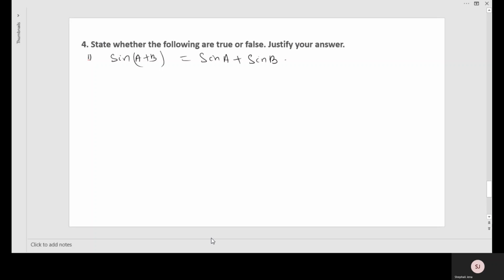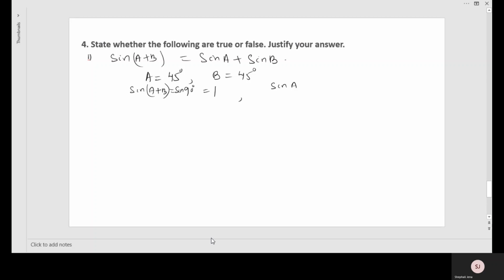Let A be 45 degree and B is 45. Then sin(A plus B) is sin 90 degree, which is equal to 1.